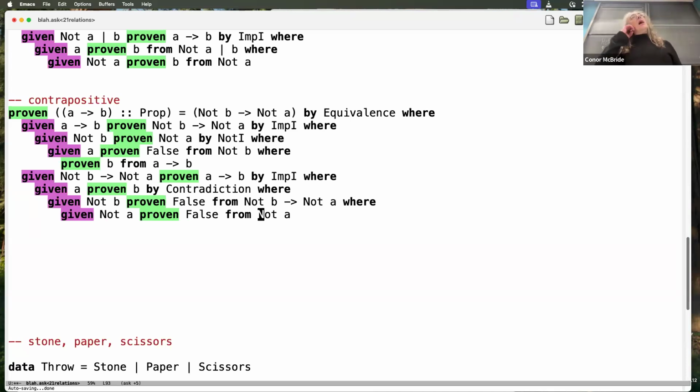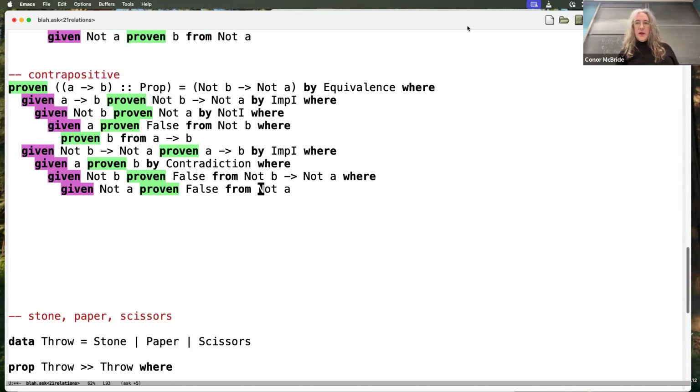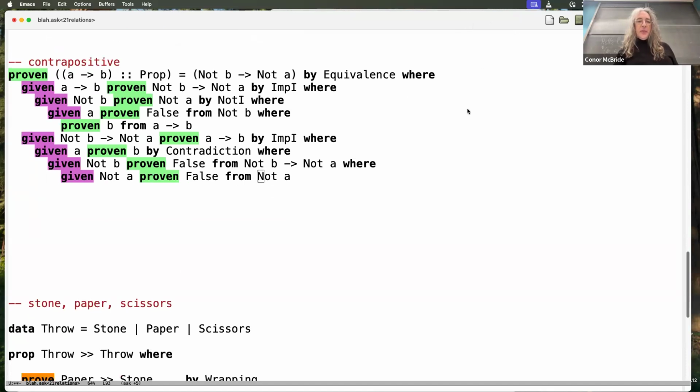So I want to change tack just now, and show you something new.